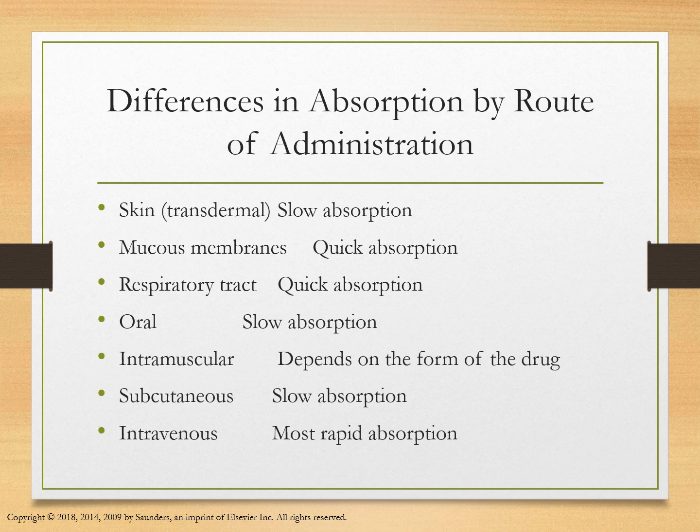Another route of administration is through the mucous membranes. That's kind of quickly absorbing, not as quick as IV, of course. So where do we have mucous membranes? In our mouth, in our eyes, in our nose. When we're doing eye ointments or eye drops, that's a mucous membrane.